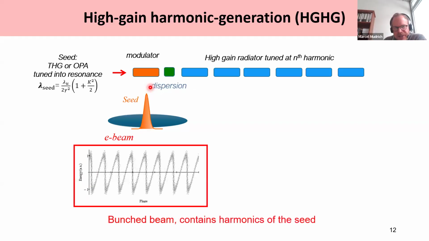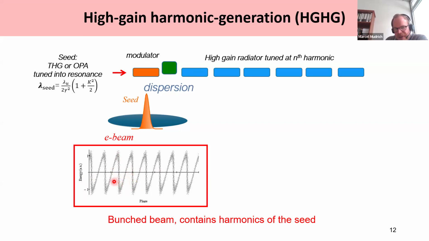When the electron bunches pass through this dispersive section, we introduce dispersion, meaning that the faster electrons have a shorter flight path through the magnetic chicane and a shorter travel, and the slower electrons have a longer travel. So this induces this shifting in the phase space, and they acquire a phase relation which is no longer just sinusoidal.